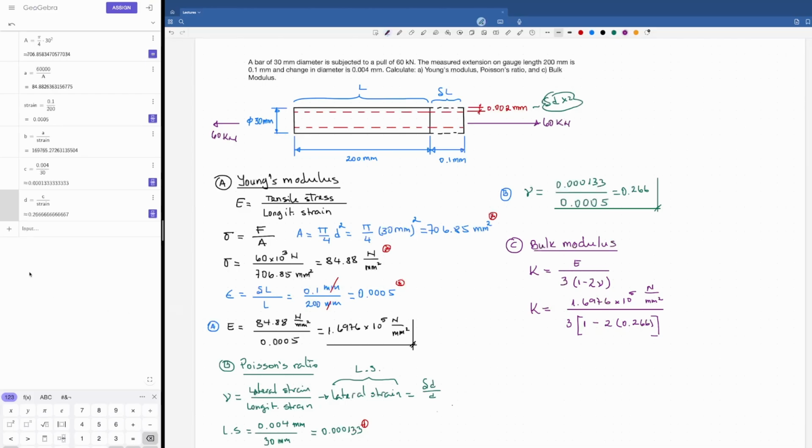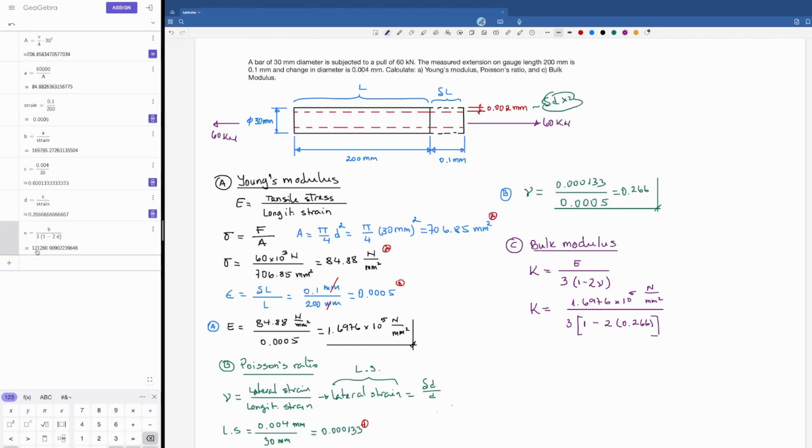Then let's go to the calculator. Okay, the modulus is E divided by 3 times 1 minus 2 times the Poisson's ratio.